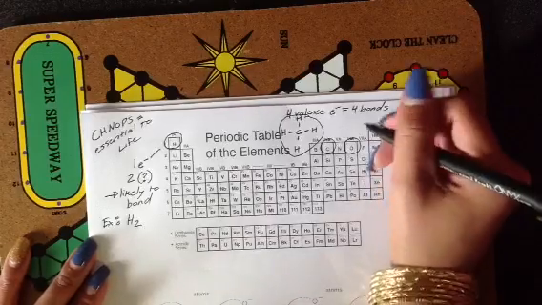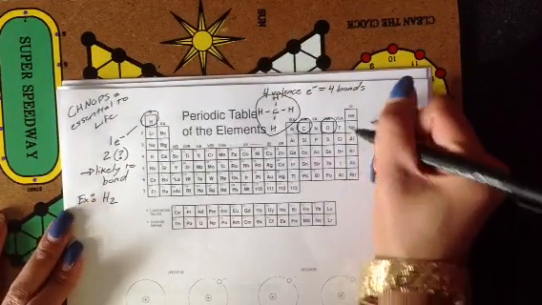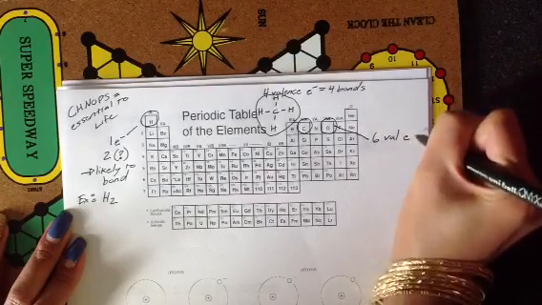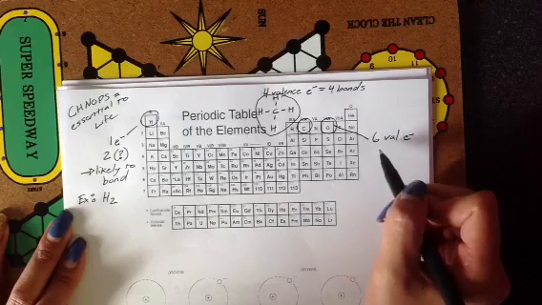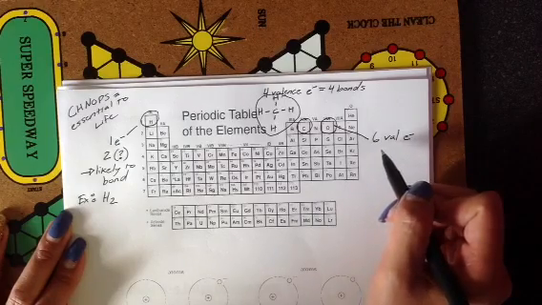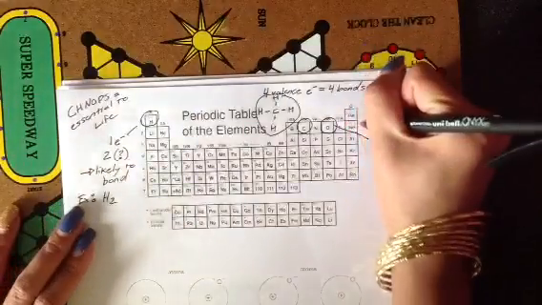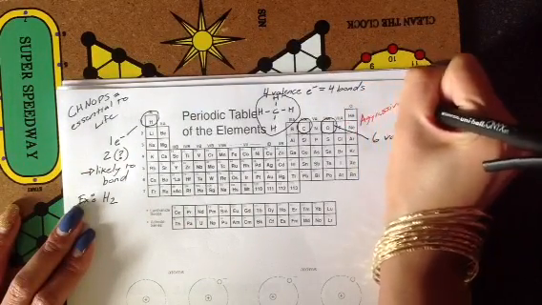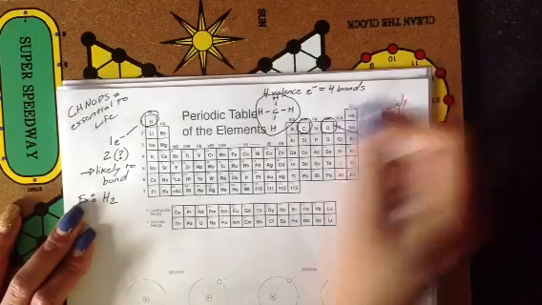Okay? But then we have oxygen, and oxygen has 6 valence electrons. Okay? And that means it's really, really close to filling the octet rule. And because it's really close to filling the octet rule, it will very aggressively try to bond. Okay, aggressively bonds.